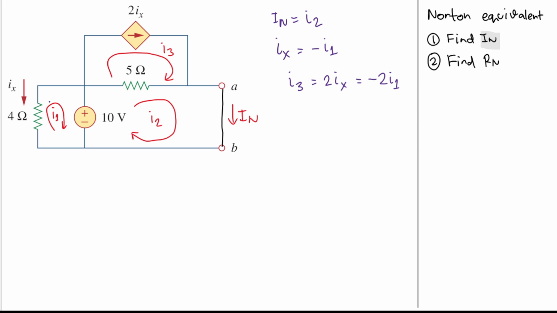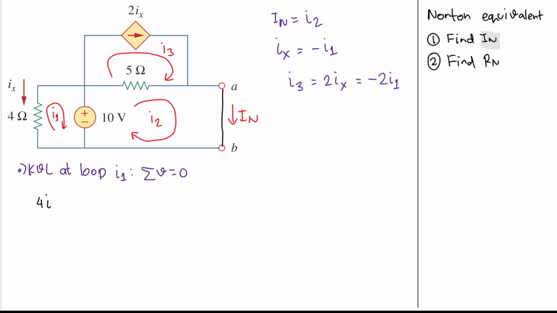Let's do KVL at loop I1. What does KVL say? KVL says that the sum of the voltages in a loop equals 0. Let's start from this 4 ohm resistor. We will have 4, but it is a resistance and we need voltage, so we multiply by the only current that passes through it, which is I1.